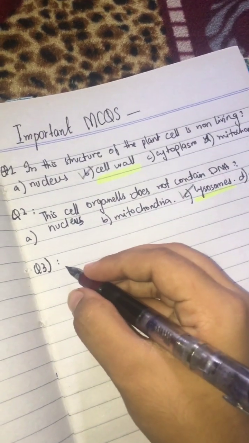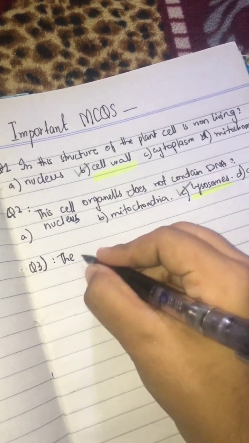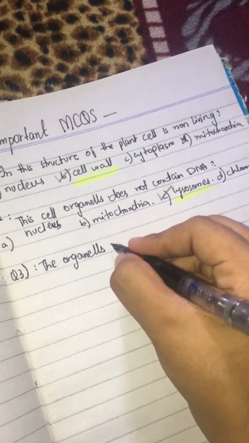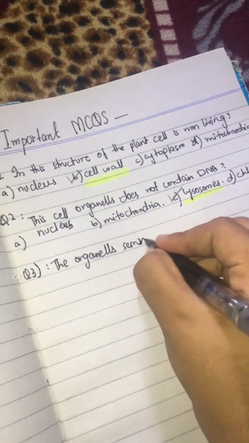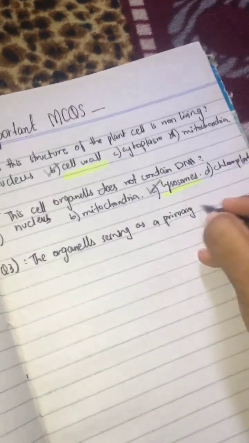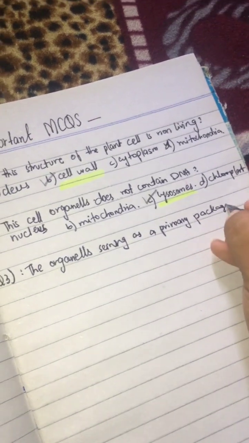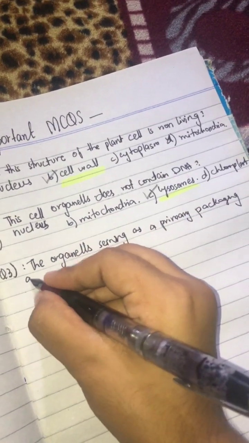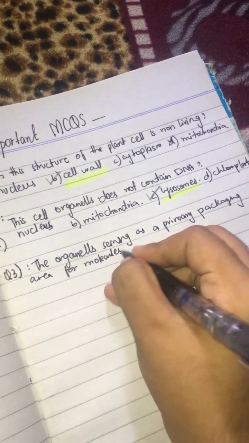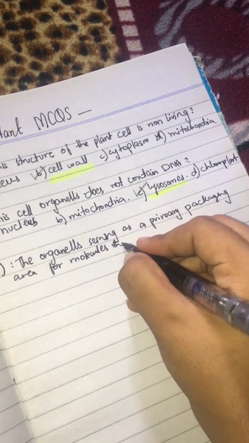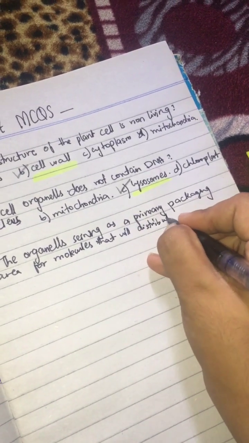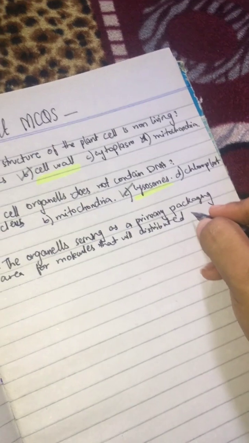Okay, lysosome. So if you go through the third one, which is the organelle serving as a primary packaging area for molecules that will be distributed to the cell.